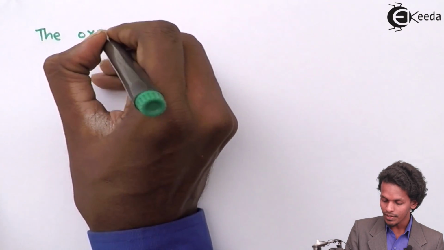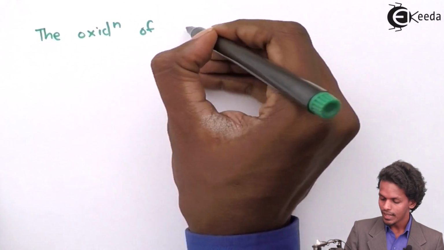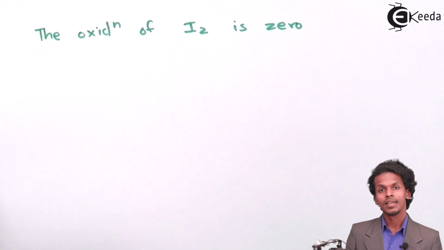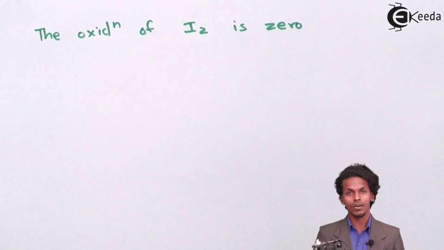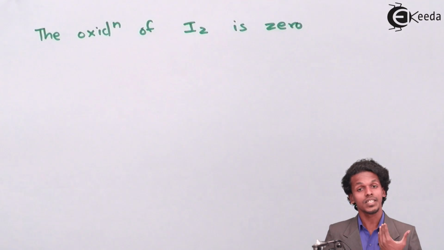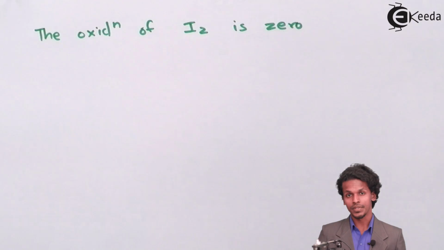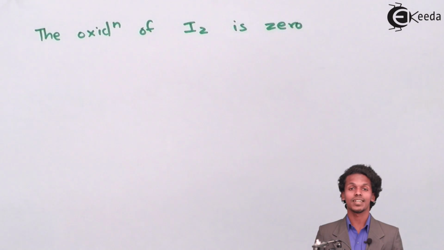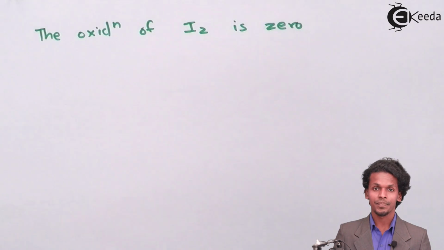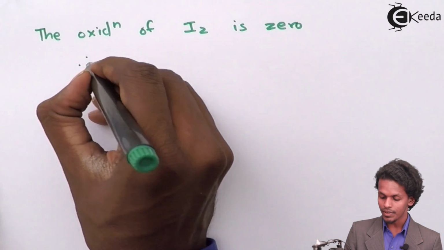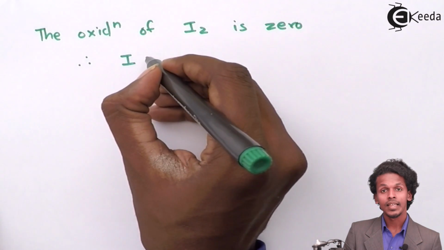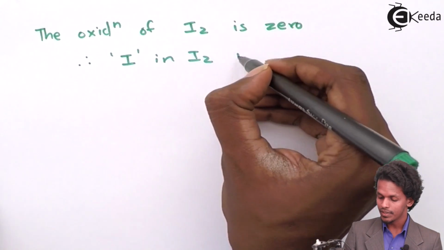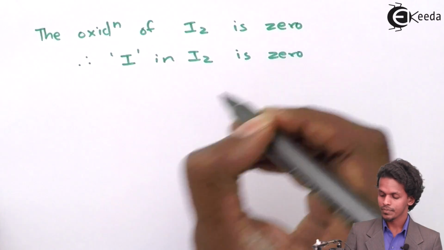The oxidation number of I2 is nothing but 0. We know how to calculate the oxidation number for a molecule which consists of similar atoms. So the oxidation number of I in I2 is 0.